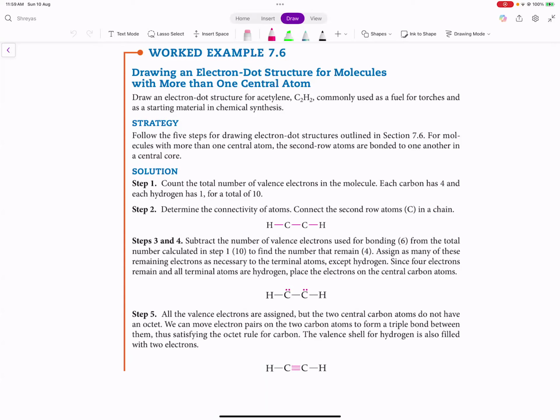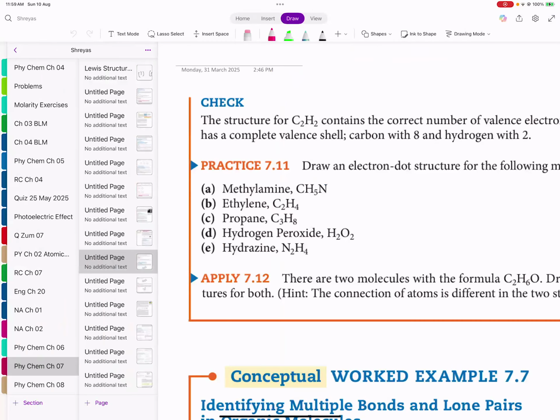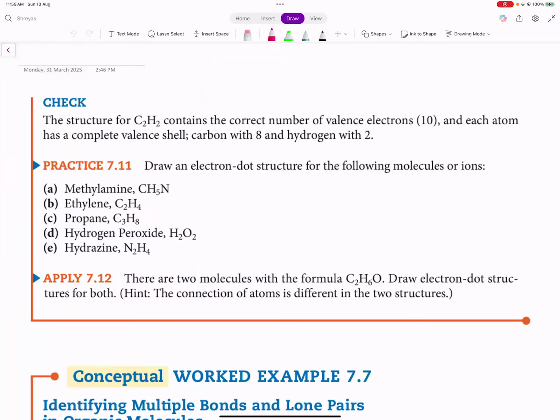Yes, sir. It's just H, C triple bond C, H. Yeah. And now 7.1.